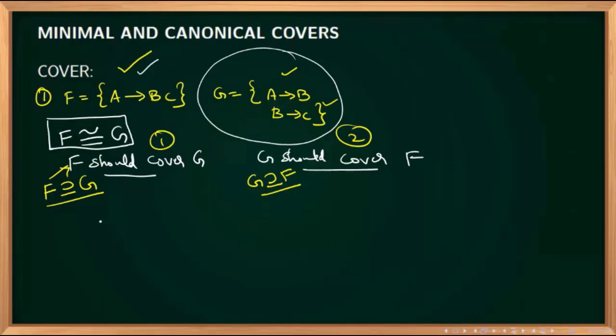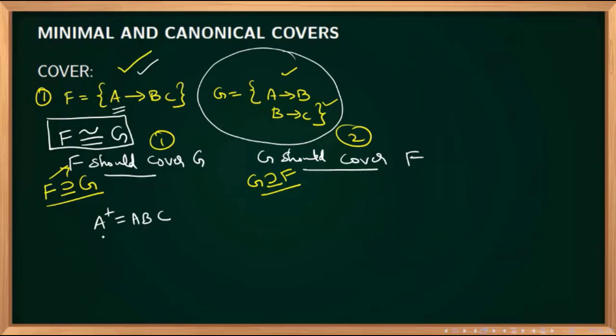For that we will take a closure. A closure gives A, B, C. What is the meaning of this? Whatever we are having is F, and F should be a superset. So I need A to B and I need B to C with the help of F. A closure gives ABC, since A will definitely come and A determine BC is there.